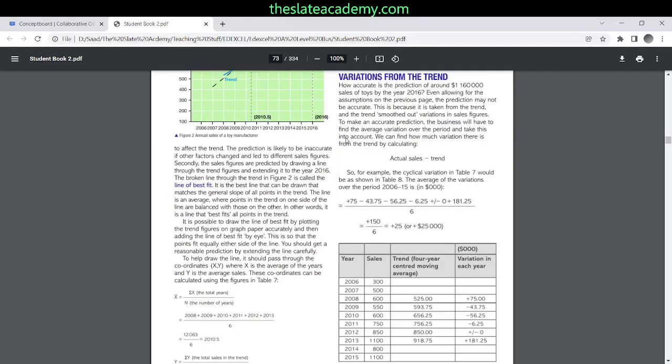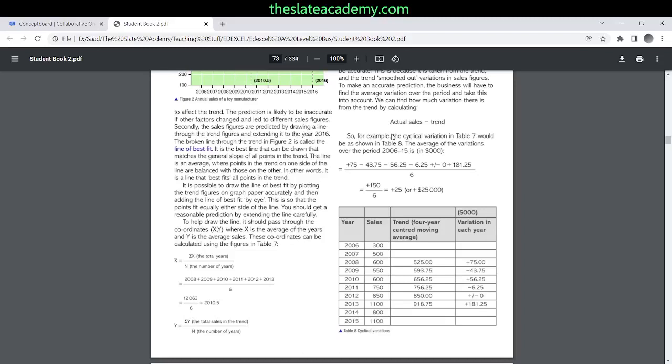Okay, and these are the variations from the trend. Variation would be actual sales minus trend. For each year you have got the sales, and then you calculate the variation. You can also calculate the average variation. How much is the average variation in a particular year? Average variation is all the variations that you have calculated divided by the number of variations.